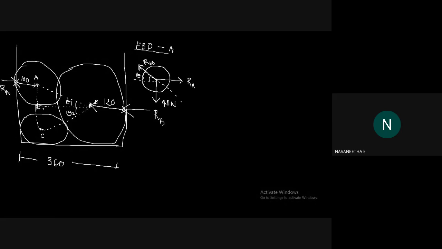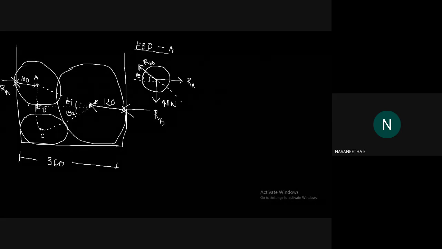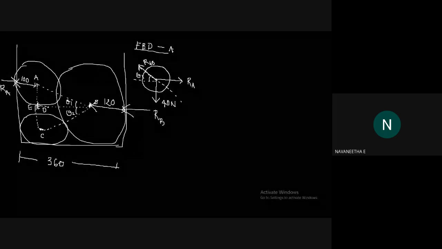You can take this point as D and this point as E. So what is the distance between D and B? DB. Similar to the previous question, you can find out the value of DB. So what is DB? Yes, 140. That is DB.